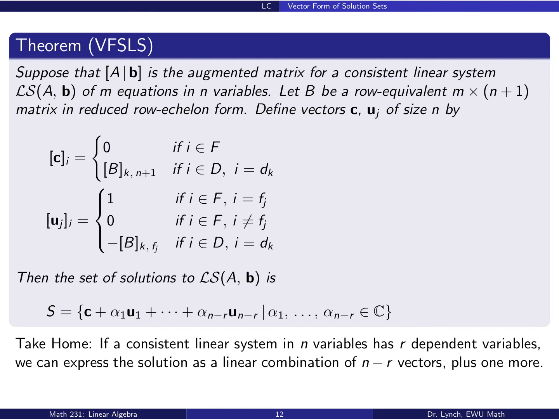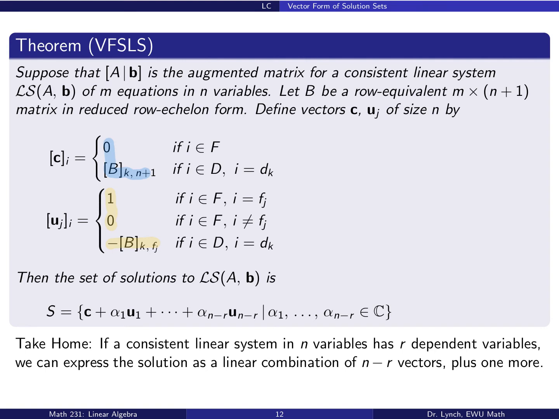And you can see the same form that we had before, where we have some negatives and some ones and zeros to ensure that we get the correct numbers for the free independent variables in those solutions. And then you can see that the vector of constants is given by zeros or the element from B in the row reduced echelon form.